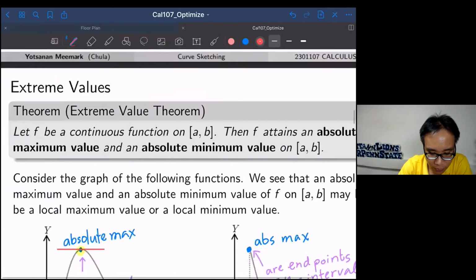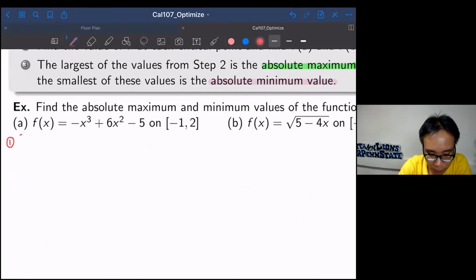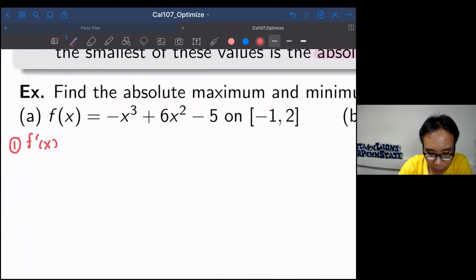So f prime of x is given by negative 3x squared plus 12x equal to 0.